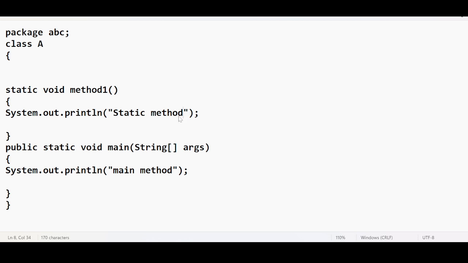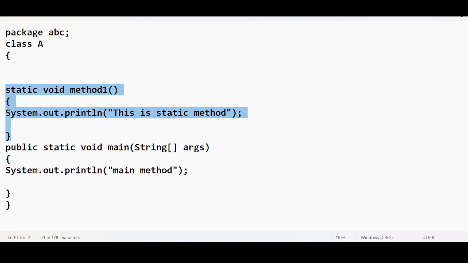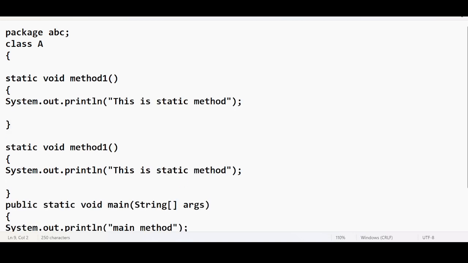This is a static method. I am taking another method to do the comparison. To do the better comparison, we will work with an instance method and a static method. So this is an instance method. Let me change the method name as method2.